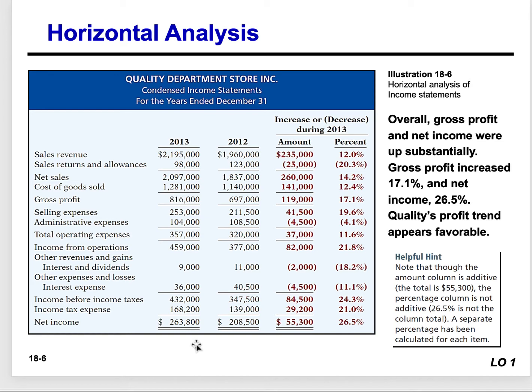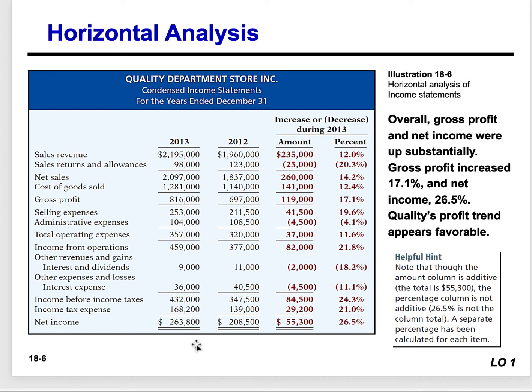Well, first we want to calculate what's the difference, what's the amount difference, right? So we just subtract 2012 from 2013. We see that our sales revenue actually increased by $235,000 from one year to the next. We calculate that as a percentage. We see it's 12%. Okay, so we had a 12% increase in revenue.